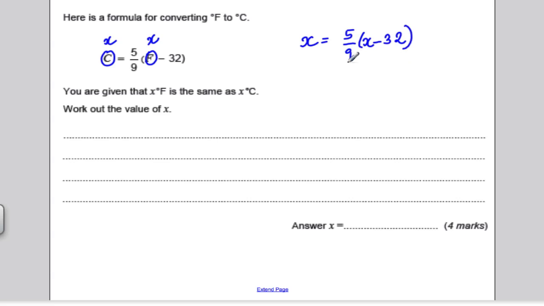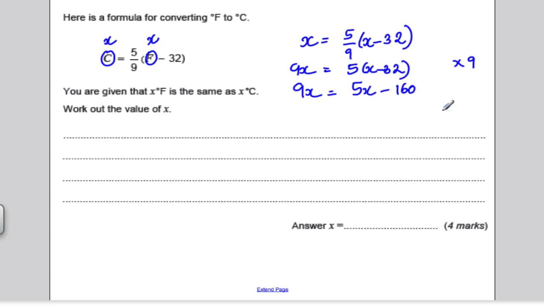Okay, I would times both sides by 9 to remove this divide by 9 here. So I would get that 9x is therefore equal to 5x minus 32. Then I would expand the bracket, so I get 9x must equal 5x minus 5 times 32, which is 160.